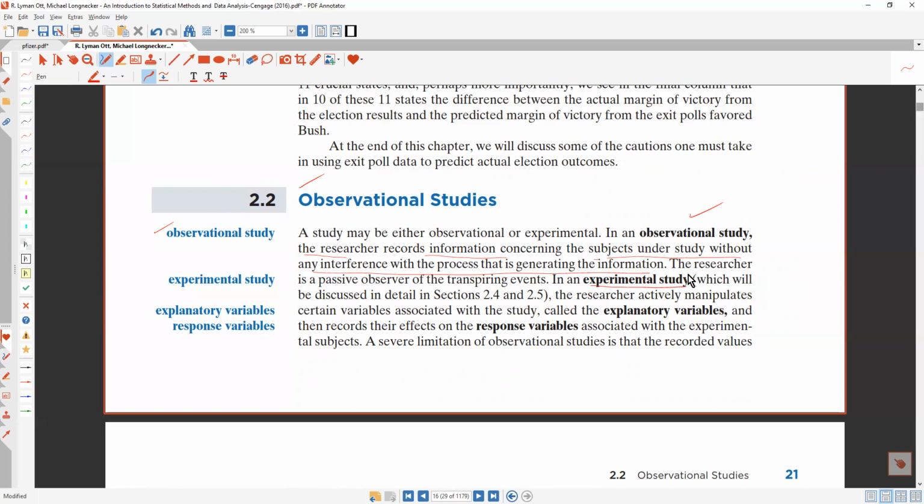So I'm just going to give an example of an experimental study here. Imagine we have participants, okay, those are participants, and we want to study the vaccine, maybe the Pfizer vaccine that was recently popularized for preventing COVID-19.